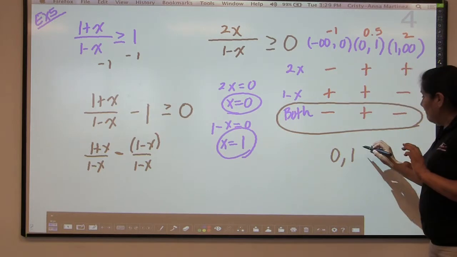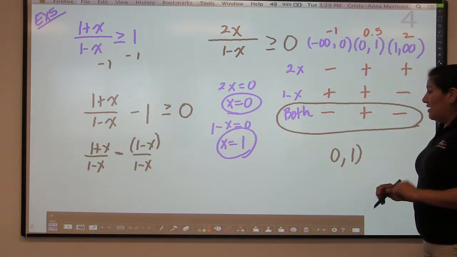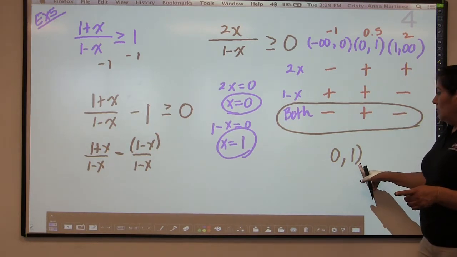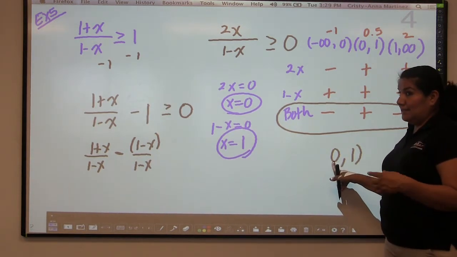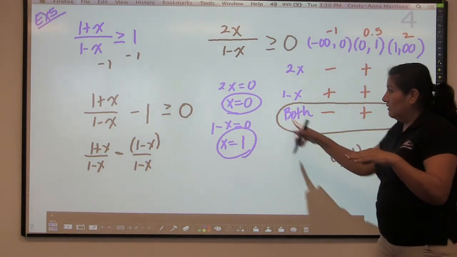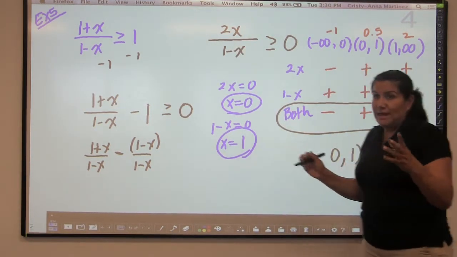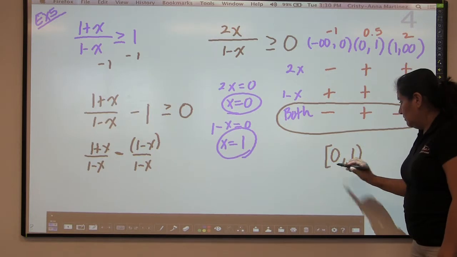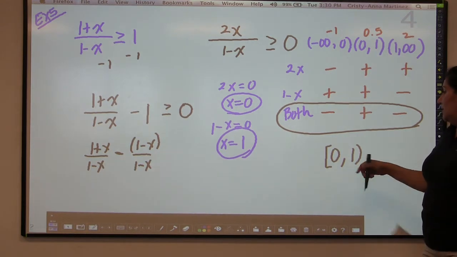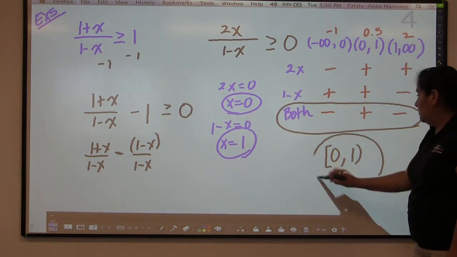So for the 1, even though it says equal to, we have to make it a parenthesis because we can't allow division by 0. Now, on the 0 side, it doesn't matter. The 0 is from the top, so that one you can set a bracket on. But remember to be careful with those division by zeros. They will catch you every single time. So that would be our final answer.